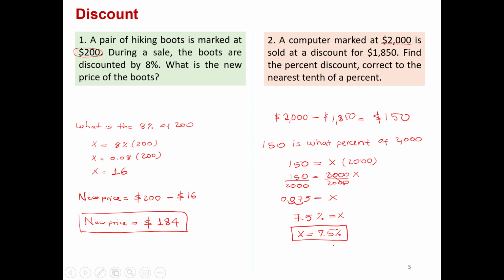Yes, it's in the nearest tenth. Then the percent discount in this case is 7.5%. Let's write this: the percent discount is 7.5%.